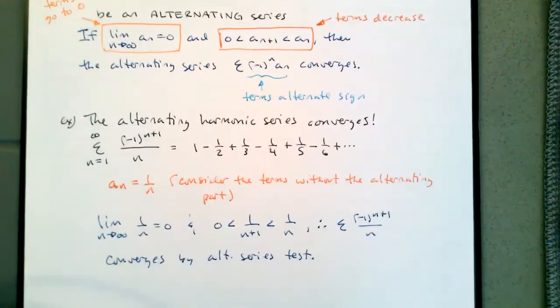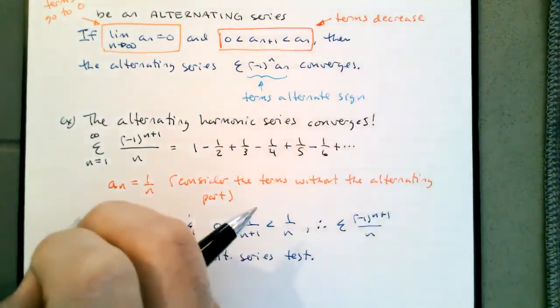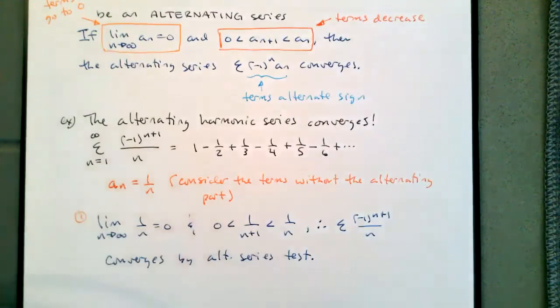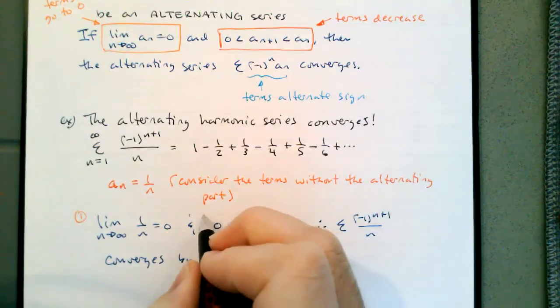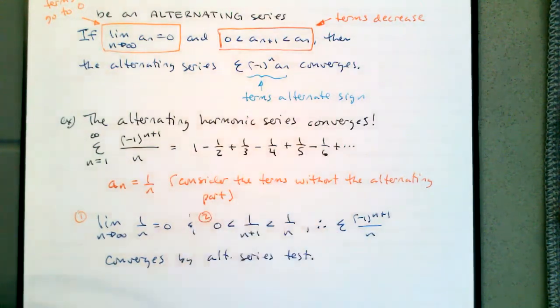We have to make sure all of our evidence is introduced. First, the terms go to 0. Second, the terms are decreasing.